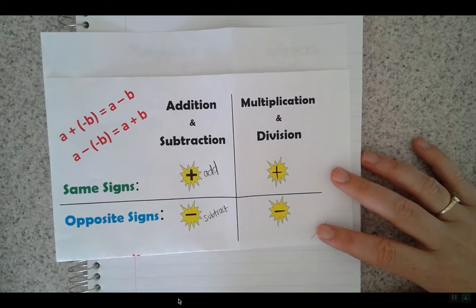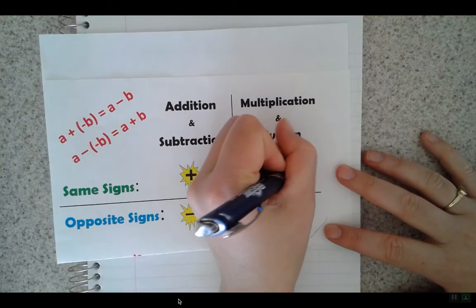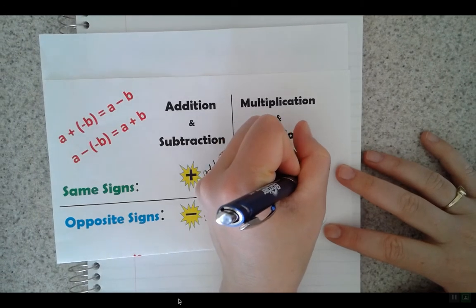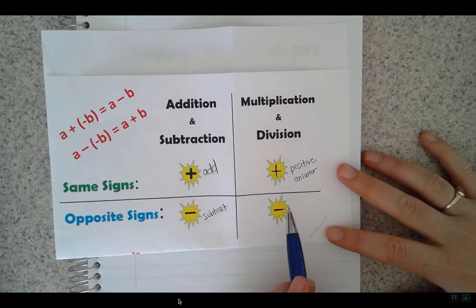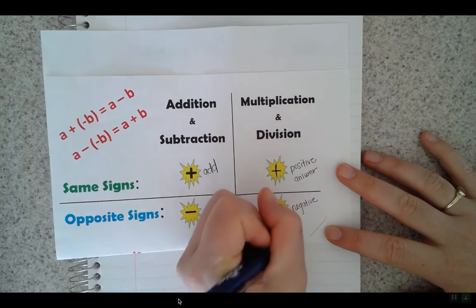For the multiplication and division rules, this symbol here will mean positive answer, and this symbol down here will mean negative answer.